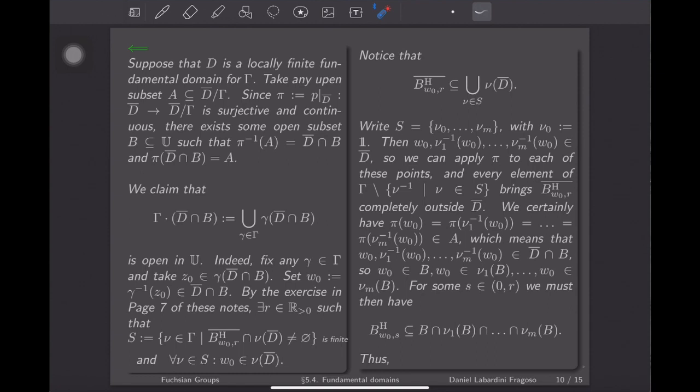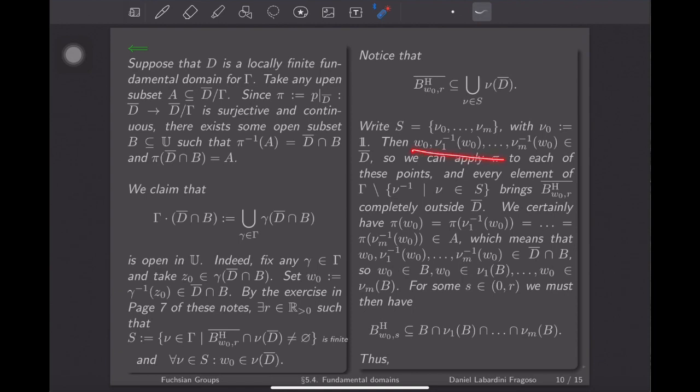Now let's number the elements of S, and of course starting with the identity, right? And then you see, for each of these nus, I have W naught in the corresponding nu of D bar. So when I apply nu inverse to W naught, I always land in D bar. So all of these are in D bar.